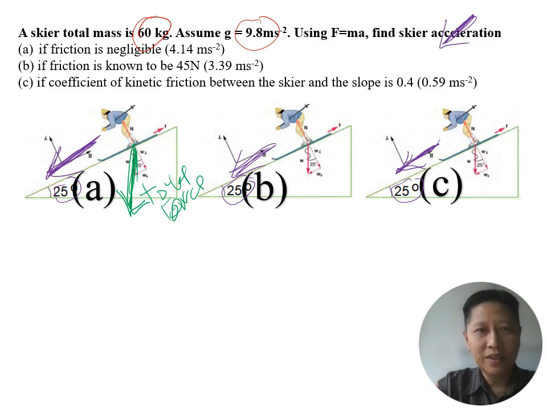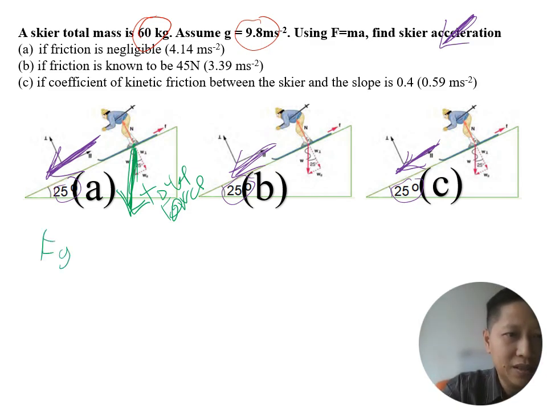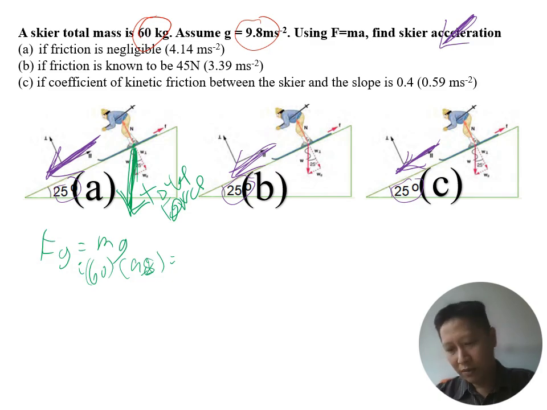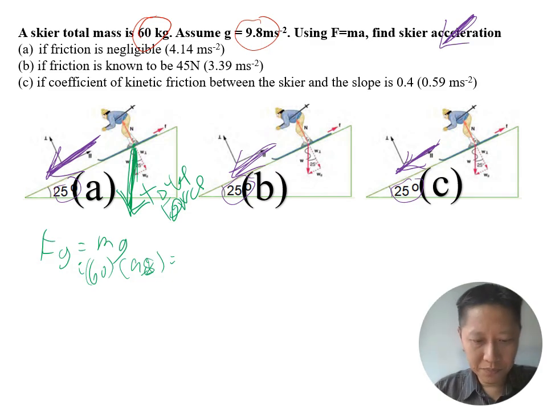For the force of gravity, we can use the formula F equals mg, which is 60, the weight of the skier, times the gravity acceleration, 9.8. When we put it into the calculator, 60 times 9.8, we get 588.